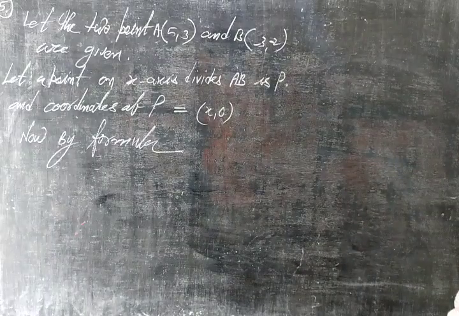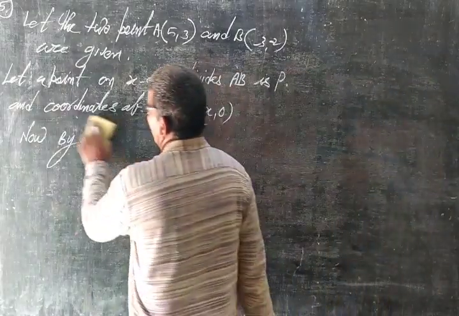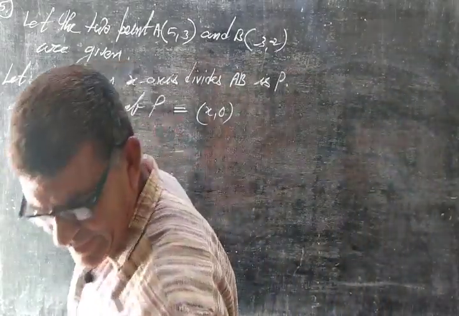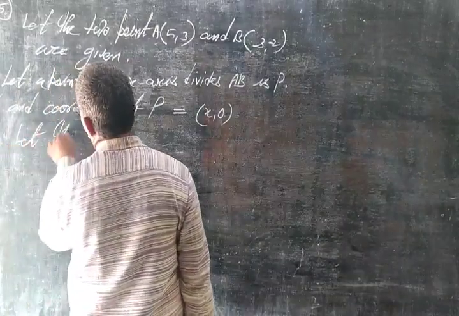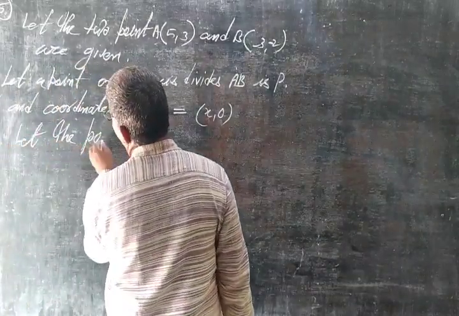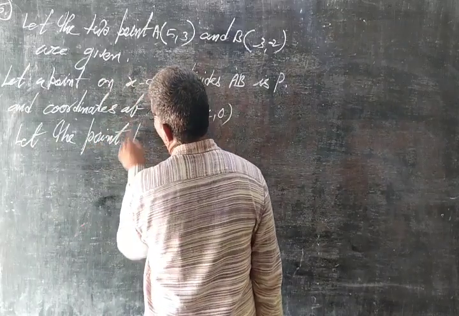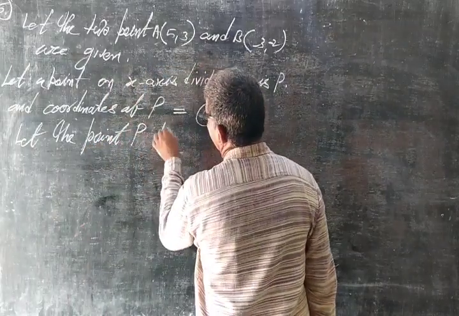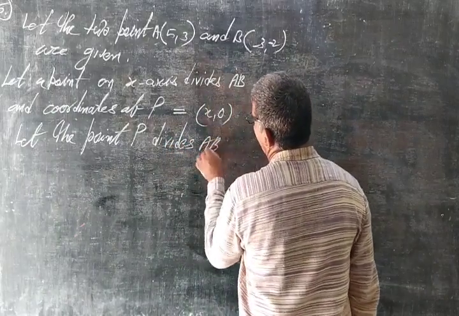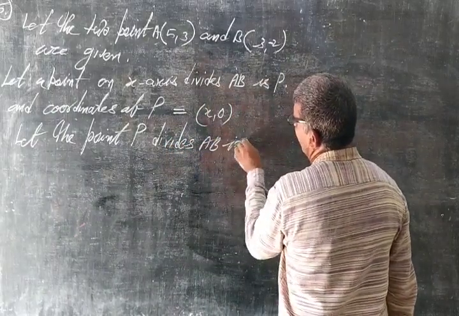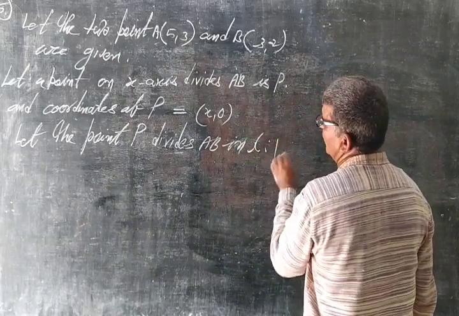First we have to imagine, or take, let the point P divide AB in lambda : 1 ratio.